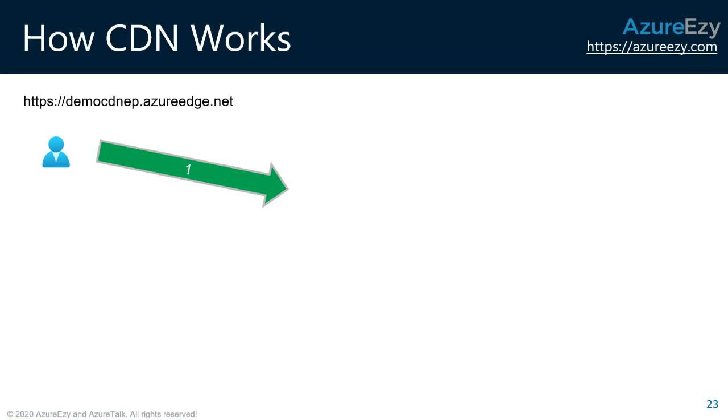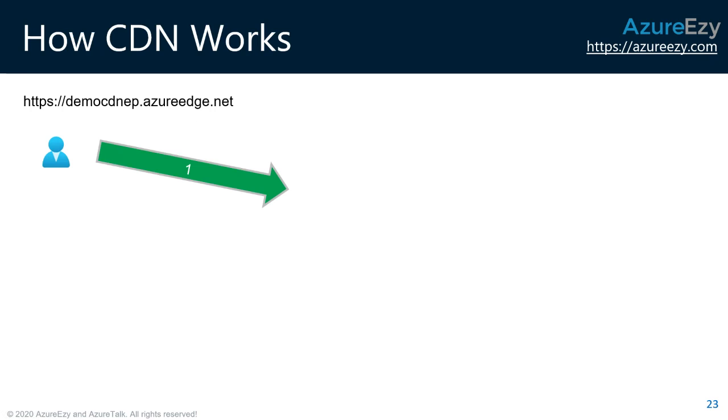You deploy a CDN profile, then within the CDN profile you configure an endpoint. Your endpoint will be your actual web server in the background. Now, for example, we have created one CDN profile and this is the CDN endpoint we have created, like http demo cdn endpoint azureedge.net.